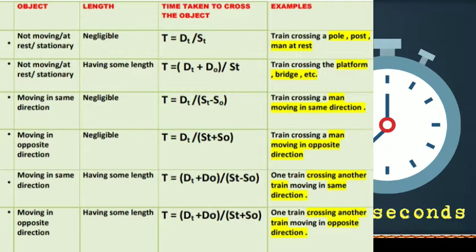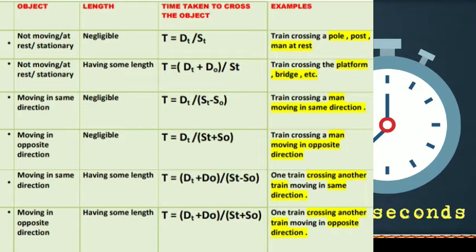Similarly, if the object is moving in the same direction, then the speed of the object will be subtracted from the speed of the train. If it's moving in the opposite direction, then the speed of the object will be added to the speed of the train. And if it has negligible length, then it's not added.